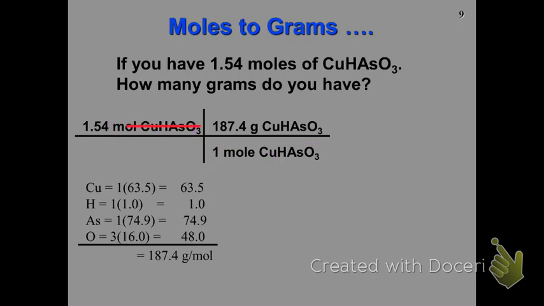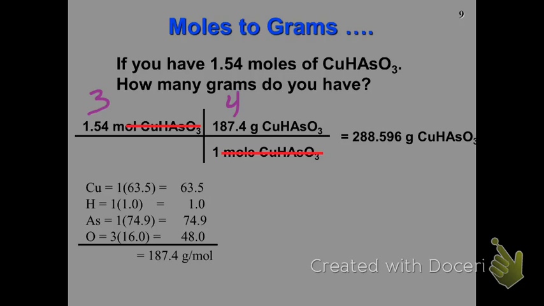So let's take a look at this. Again, those cancel. So it looks like 1.54 times 187.4 will give me the grams of CuHAsO3. Okay? And so I get a number of 288.596. I'm looking at my sig figs. I see 3 here. I see 4 here.